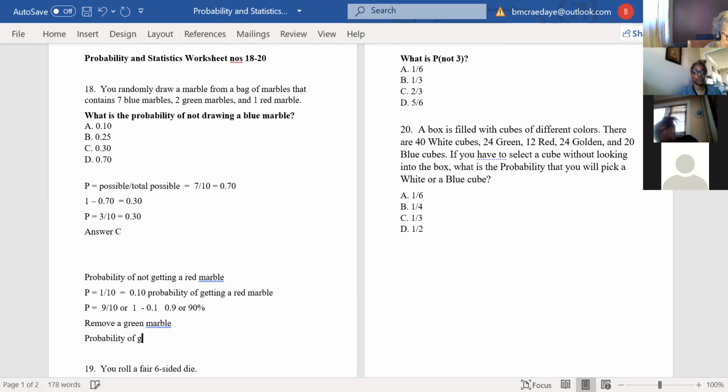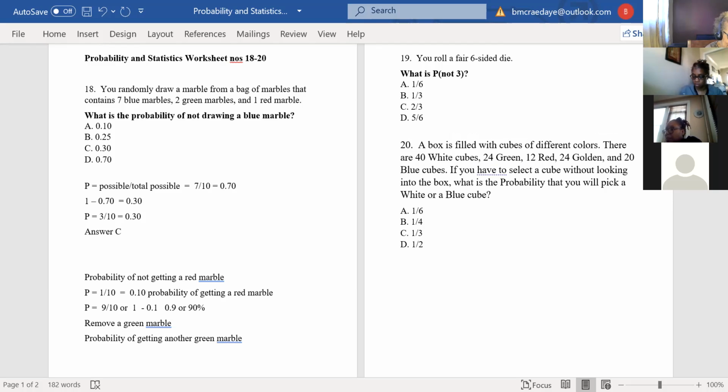So we took a green marble out. We didn't put it back. We took it out. And I want the probability of getting another green marble. What would that be, Vanessa? Tell me the formula.